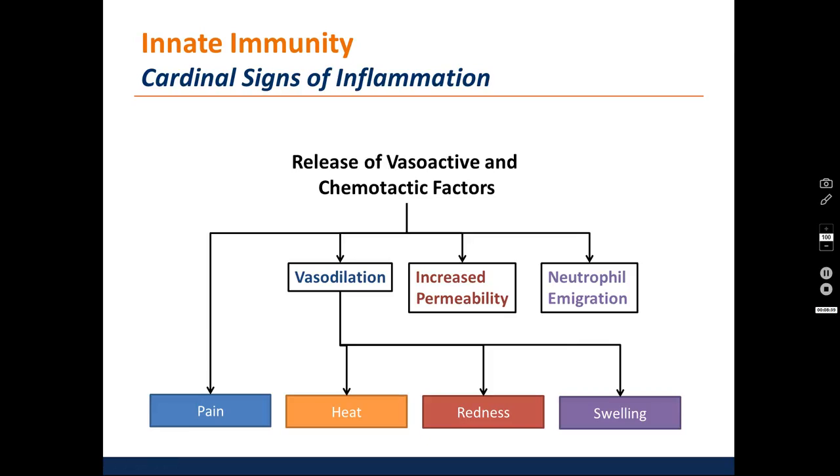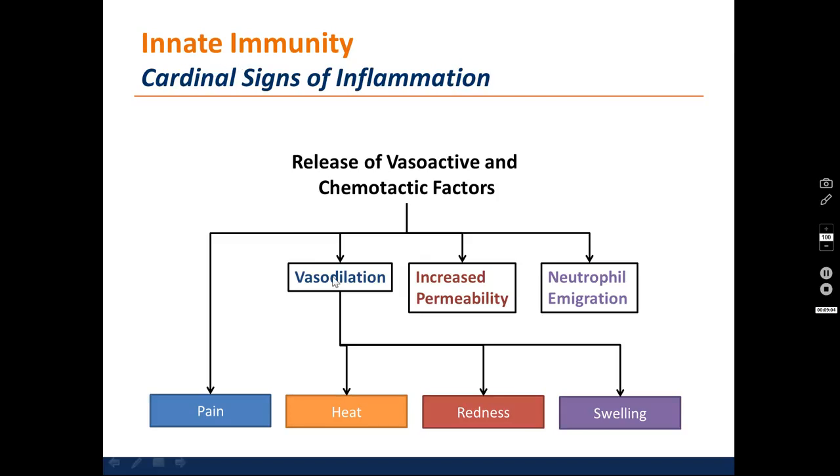These are the 4 different signs that tell us that inflammation is occurring, and that is pain caused by chemotactic factors and the vasoactive enzymes, as well as from the vasodilation and the increased permeability. This will all cause pain because this is going to stimulate the nerve endings within that tissue.